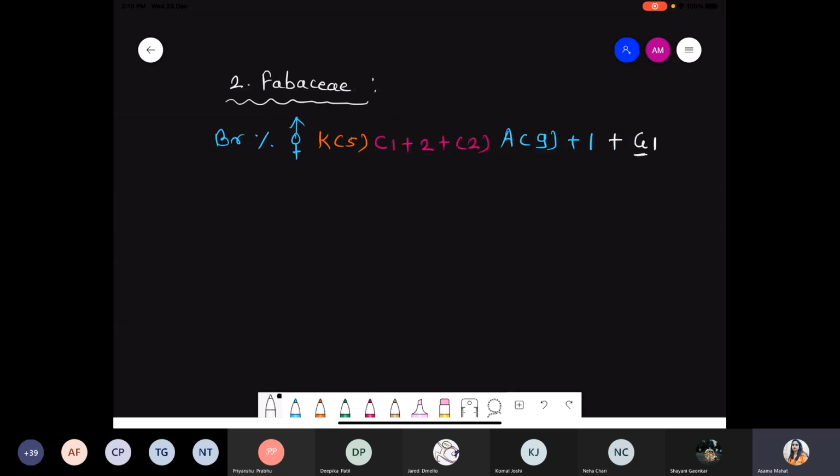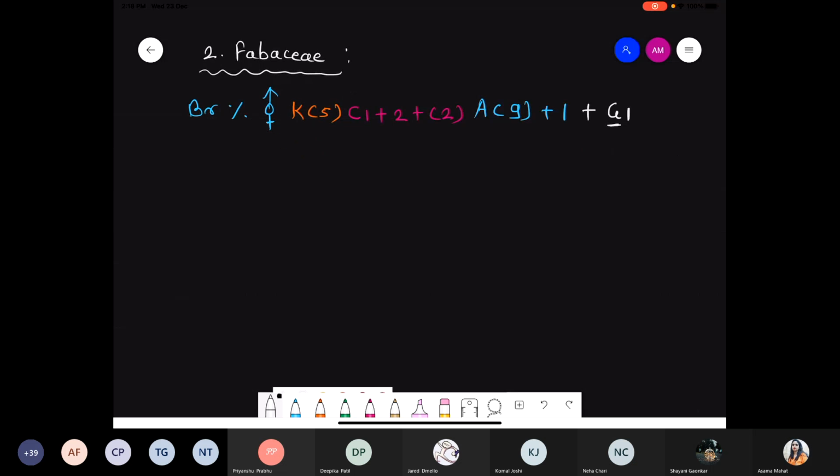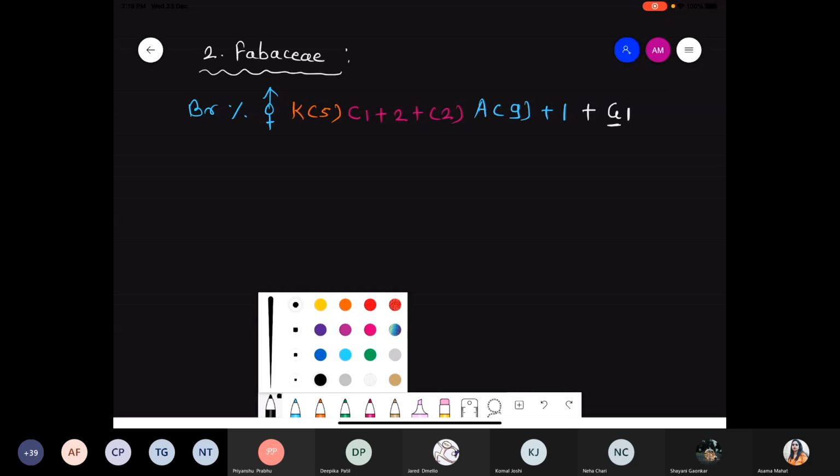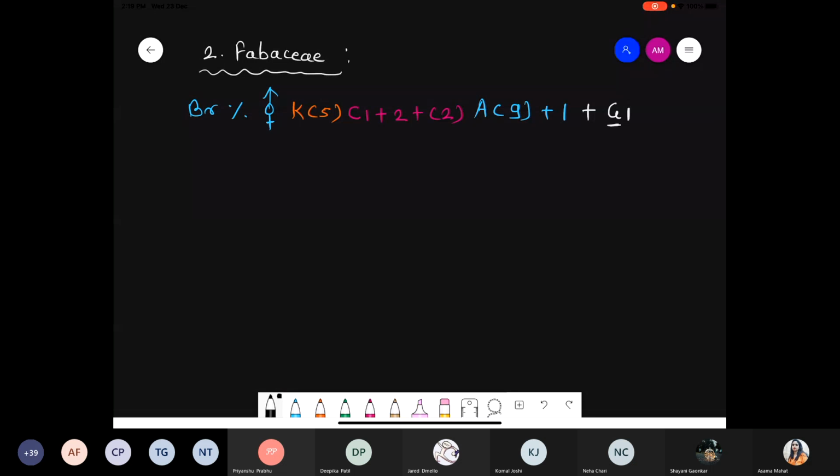Now we try to draw the diagram also quickly. It is vexillary aestivation, so that's why we can get an elongated structure.